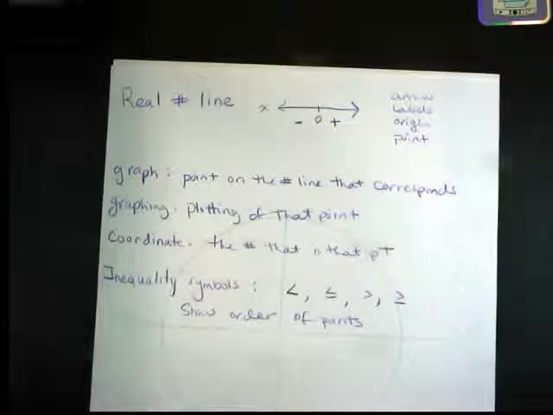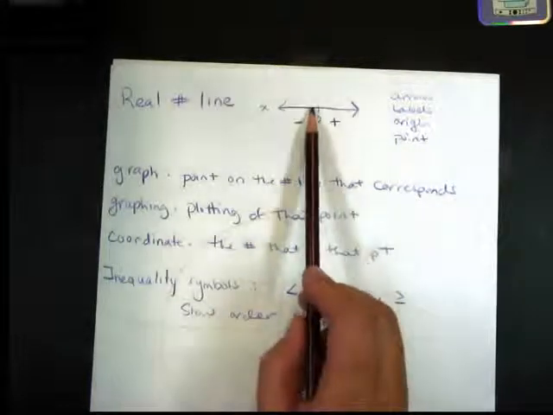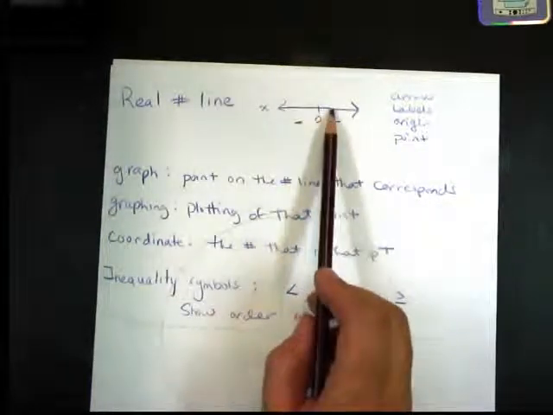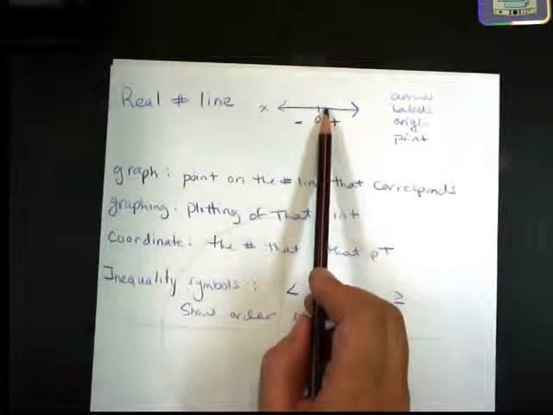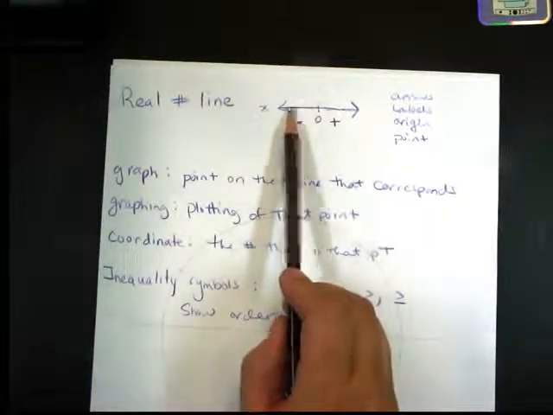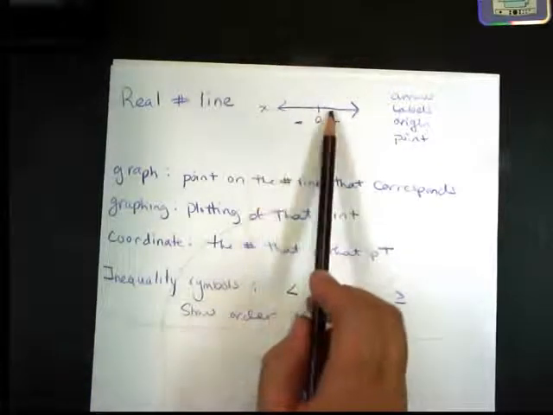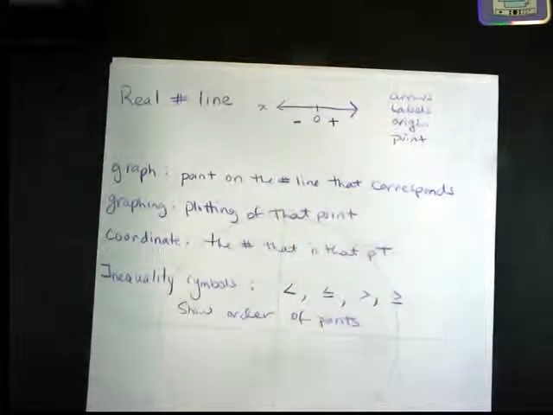You will be asked to put them in order, smallest to largest, largest to smallest, in relationship to the origin. So 1/3 is going to be closer to 0 over here than -3. So you're going to put them in a corresponding relationship to the origin.